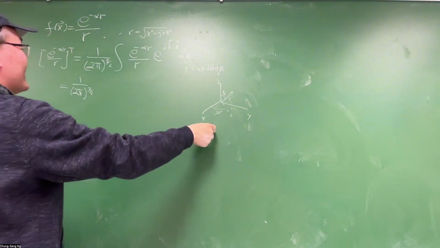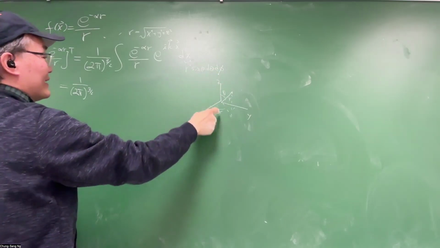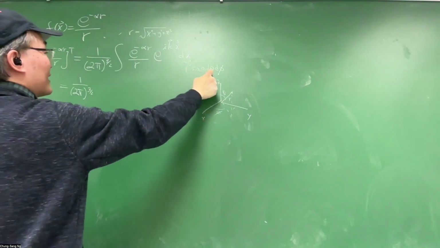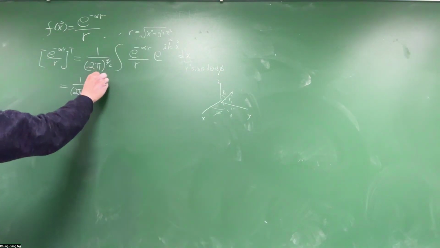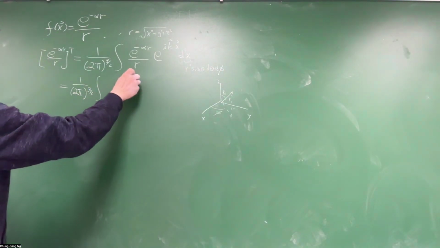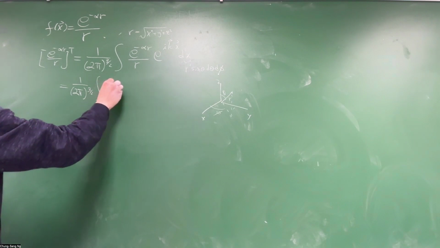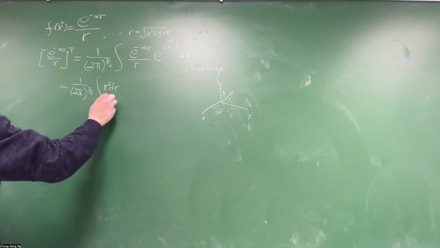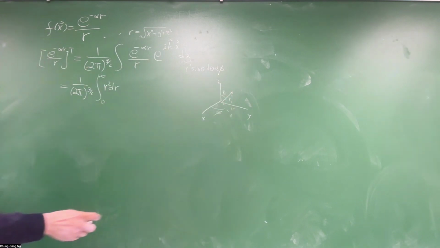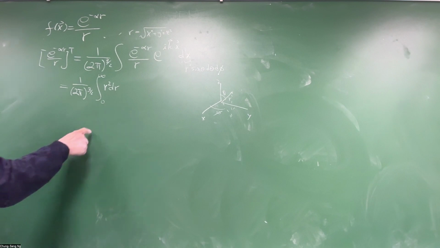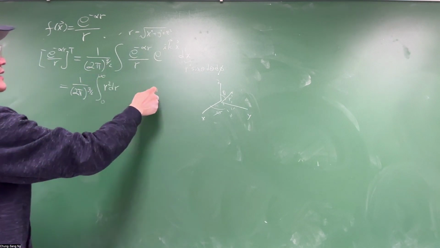So the volume element is d^3x, and then you just need to integrate accordingly. The volume element is r squared dr, and the integration limit is 0 to infinity, obviously. This is positive definite.